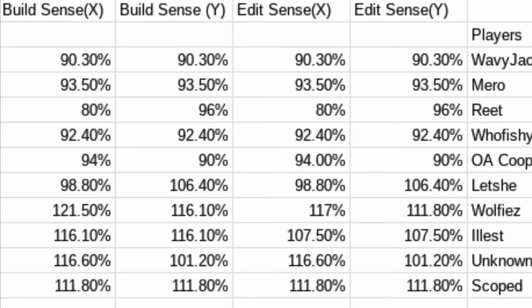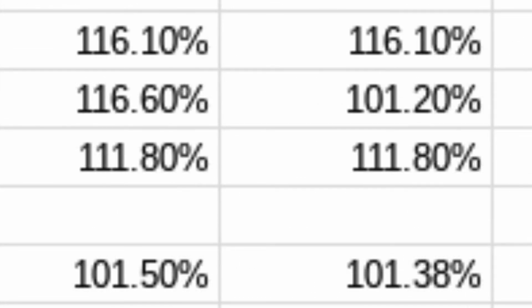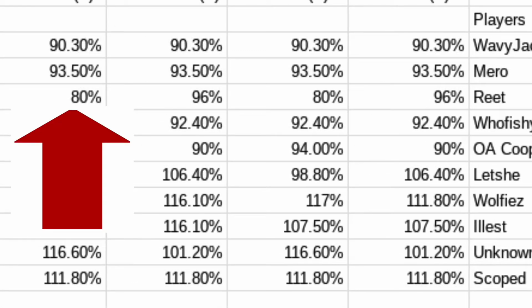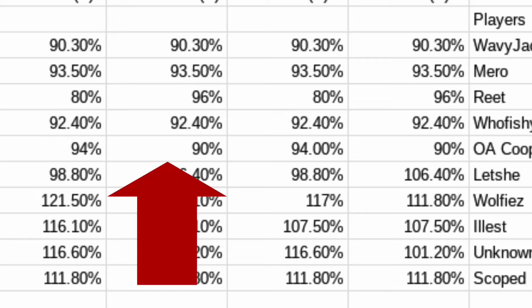So here are the results. So the average build sense for X was 101.5 and for Y it was 101.38. So the lowest for X was Reet with 80% and the lowest for Y was Oagoop with 90%.